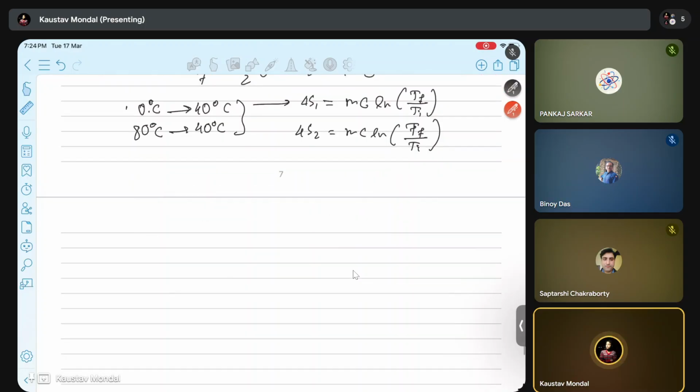Now delta S would be delta S1 plus delta S2, so that would be mc ln, the first term T final is 40, sorry, 313 by 273, plus mc ln 313 by T initial, which is 353, right?